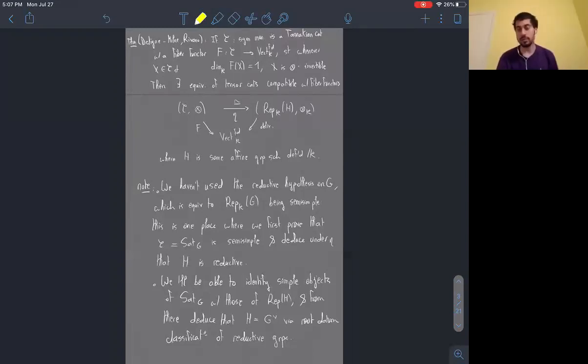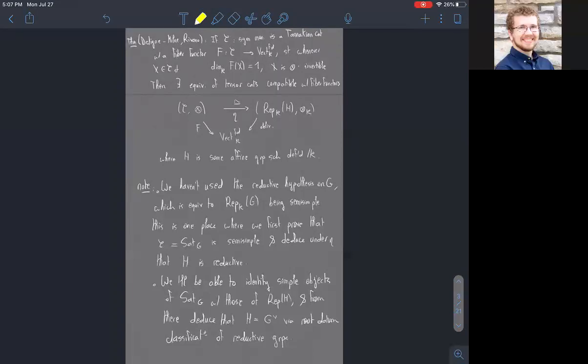You can construct H by taking the automorphisms of the fiber functor. That's not really a perspective which is going to be relevant for us, because we're going to find H, and then instead of constructing it like that, we're just going to look at its root data to identify it. But in general, that is true. H is precisely defined to be the automorphisms of the fiber functor.